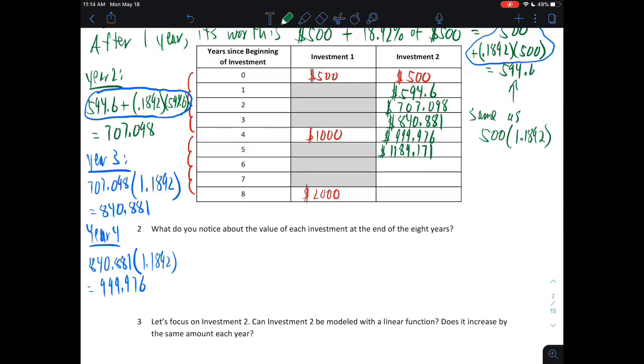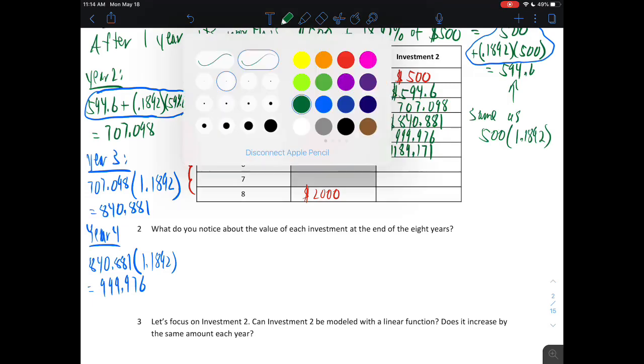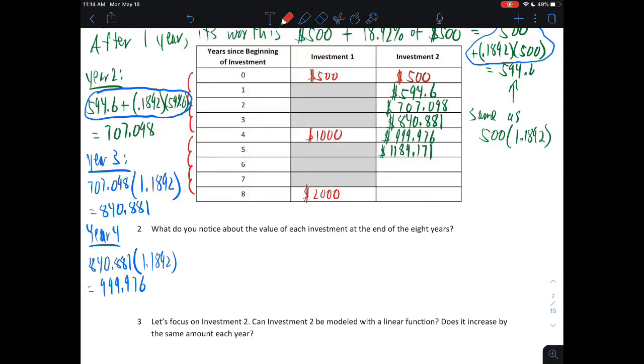And I get 1189.171. So I'm just going to remind us that every time we want to go from one row to the next, I just need to multiply by 1.1892. And I can do that to always go from one row to the next.